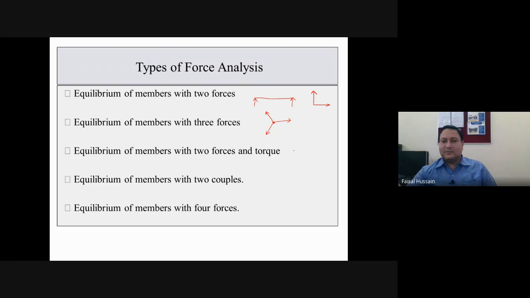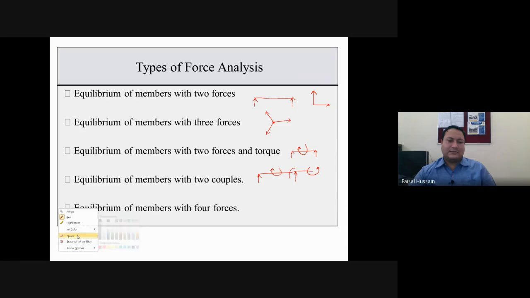in a system, a couple is acted. Then equilibrium of members with two couples, there are two couples. Here there is one couple, and also, for example, here there is another couple. Then equilibrium of member with four forces.